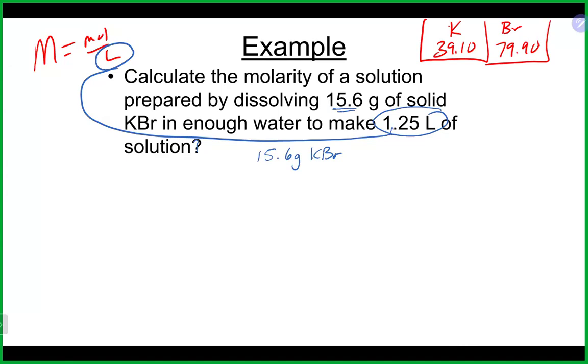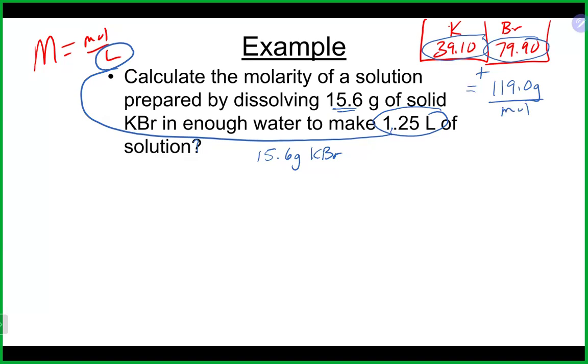As I mentioned a second ago, very common as well, in addition to milliliters to liters conversion, is grams to moles conversion. That uses the molar mass from the periodic table. So we would go to the periodic table and find the K and the Br. In this case, we just need to add them together, and that gives us our conversion factor to convert our grams into moles, which is 119 grams per mole.